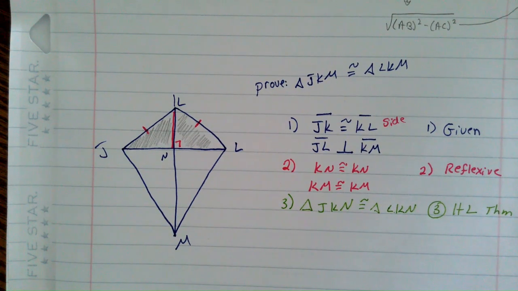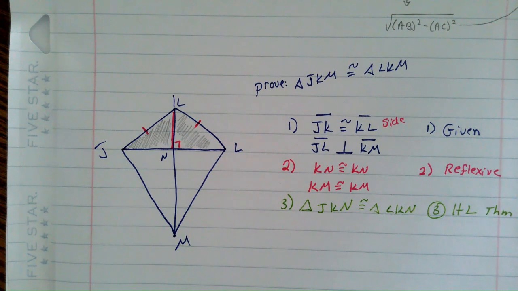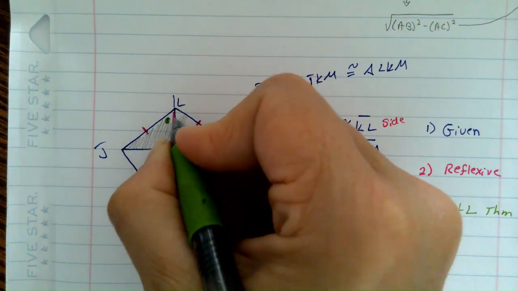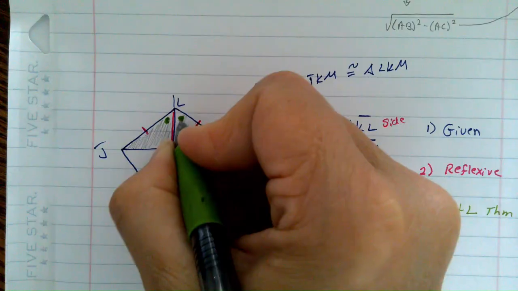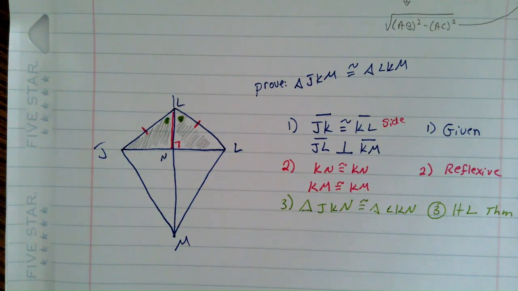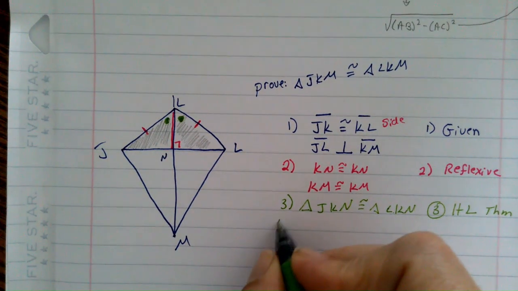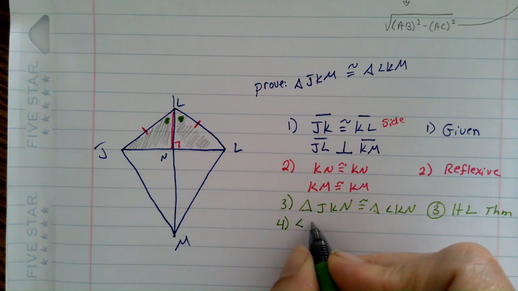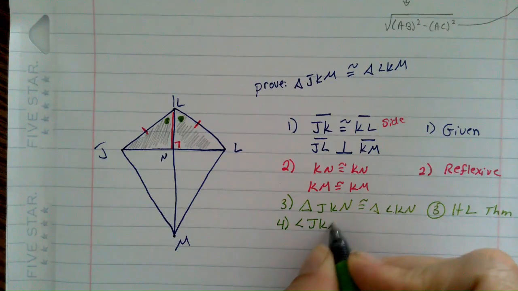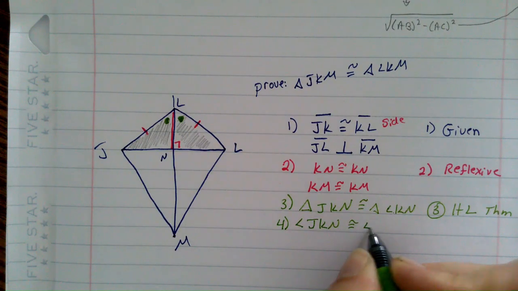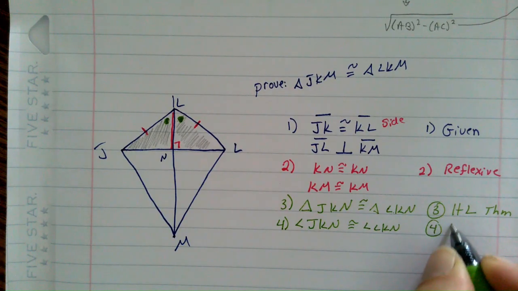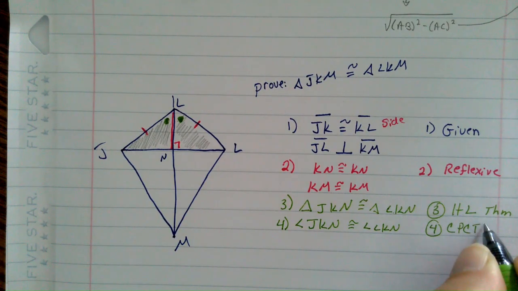And if the triangles are the same, that means when I fold them in half, things will match up, meaning that this angle right here is going to match up to this angle right here. Ooh. And because K is split, we have to have 3 letters to name this. So angle JKN is going to be congruent to angle LKN. Why? Because the corresponding parts of congruent triangles are congruent.